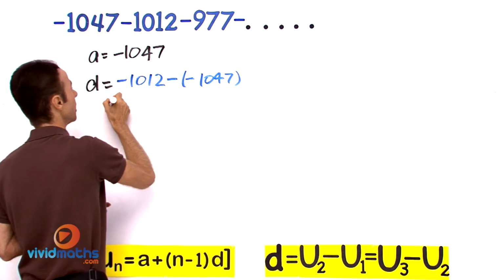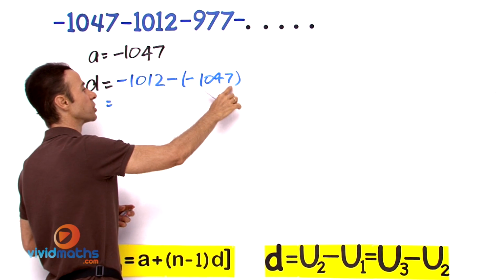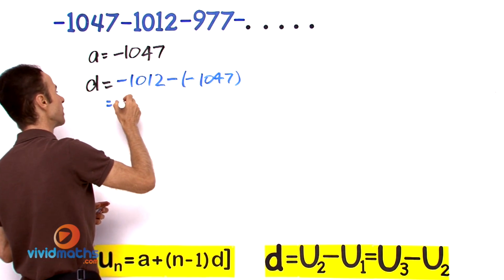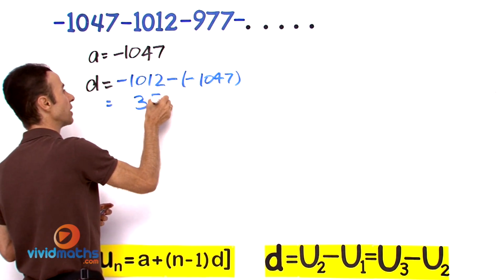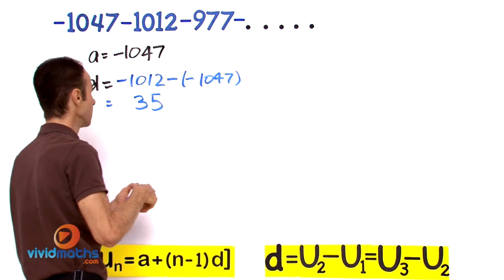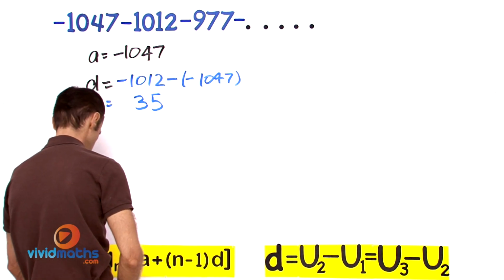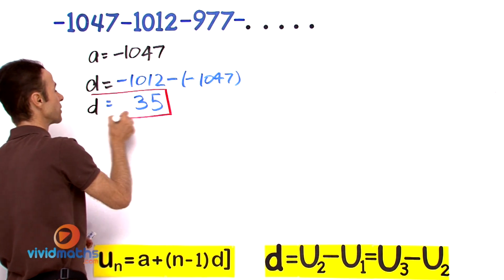Negative 1012 plus 1047 gives us a positive 35. If we do the same for the next pair, we get 35 again. So the common difference D equals 35.